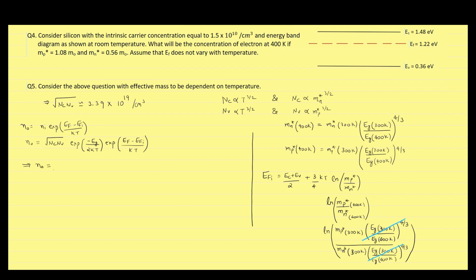So we can write the free electron concentration as follows.